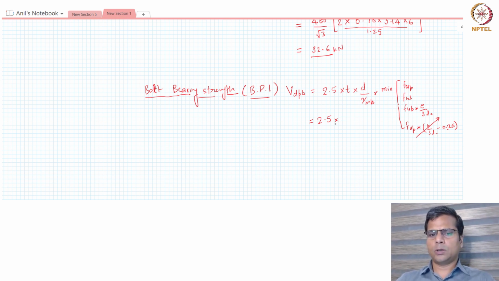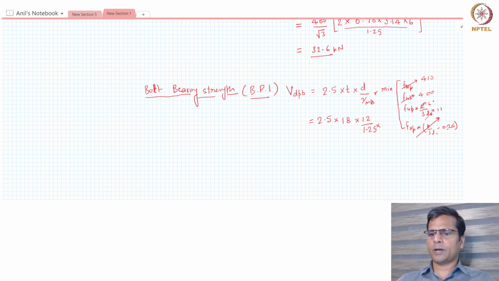So for bearing plane 1, the thickness of the plate is 18 millimeters, the diameter is 12 millimeters, gamma mb is 1.25, multiplied by the minimum of Fup and Fub. Fup for the plate is 410, for the bolt it is 400, and Fup multiplied by e divided by 3d0, where e is 65 and d0 is 13.